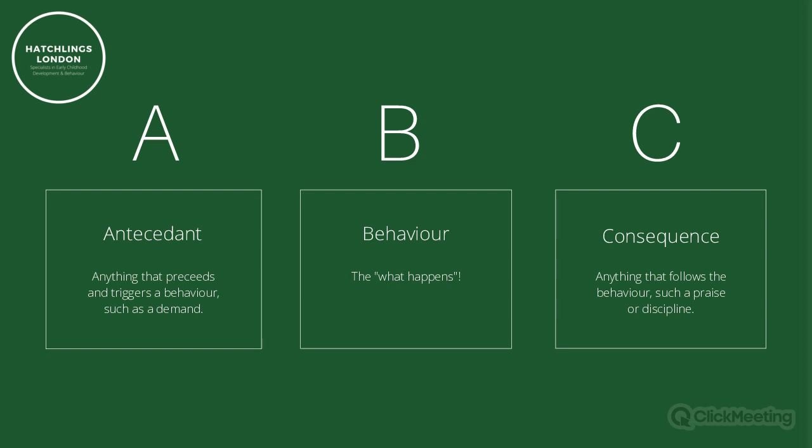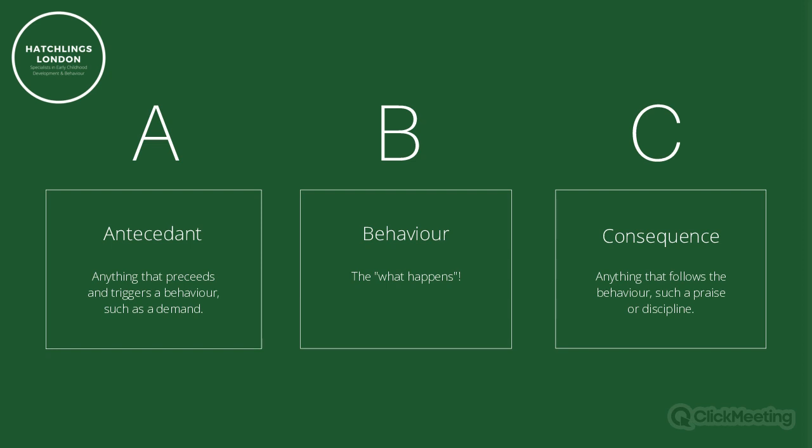Often this could be an instruction, a change of environment, telling a child no. They're all antecedents to a behaviour. Another way to think about antecedents is as triggers. And the behaviour is the what that happens. My child runs away, my child has a tantrum, my child yells, or my child listens beautifully and goes and puts their shoes on. Those are all behaviours, what happens.